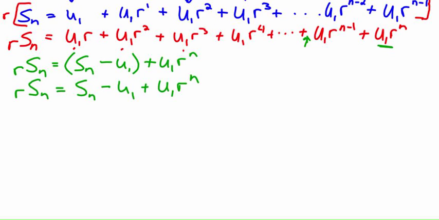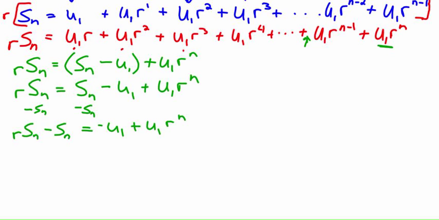So now, what are we going to do here? We're going to subtract s of n from both sides. So that leaves us with r times s of n minus s of n equals negative u of 1 plus u of 1 r to the nth power.